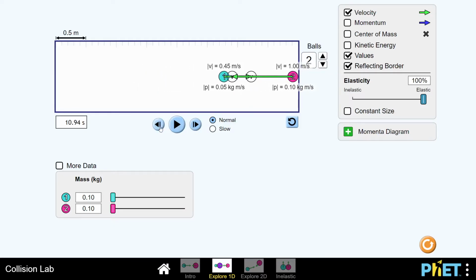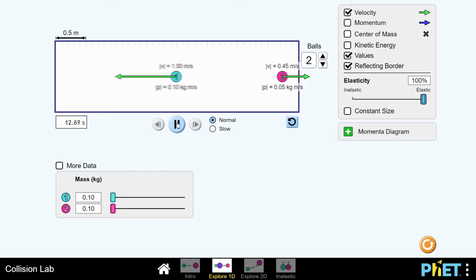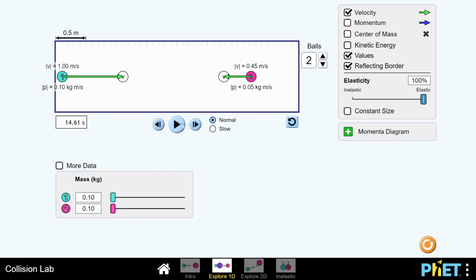Another 3.65, 3.64 seconds went by, somewhere around there. And now you know again that for this ball here to get its speed of 1 meter per second and to be back fixed at the left wall, it's going to take another 3.65 seconds. And bam.